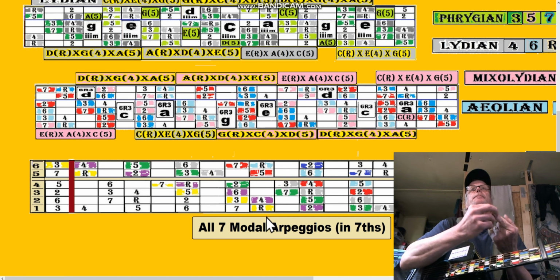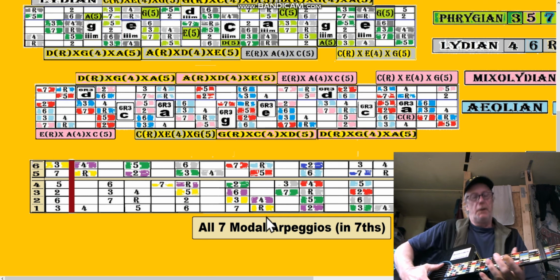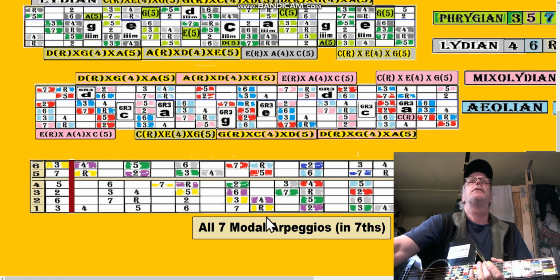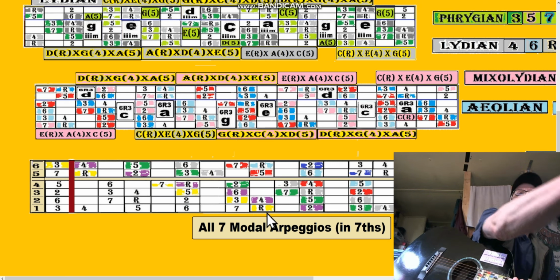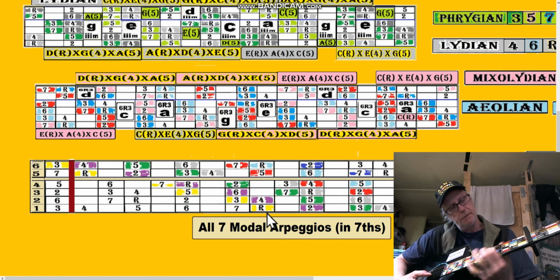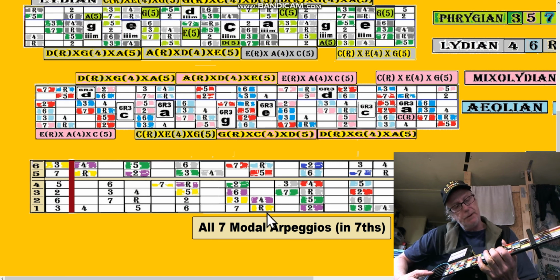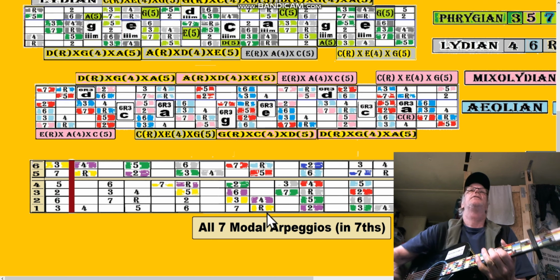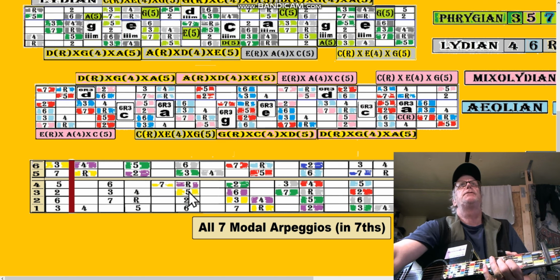That's not cool. I didn't plan that. So, starting here on this R, we can do one of these. And this last interval here for the 7th, from the 5th to the 7th, is a major 3rd right there.